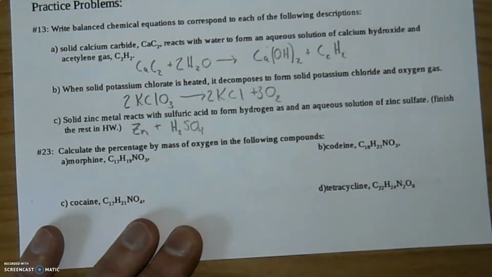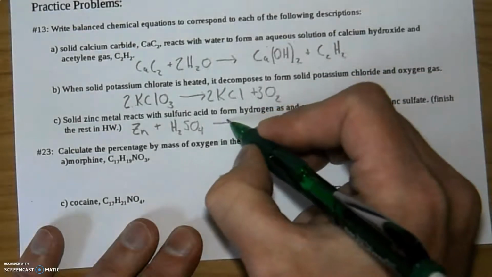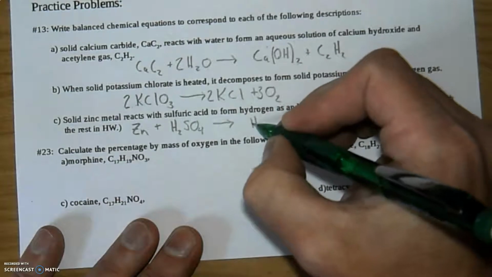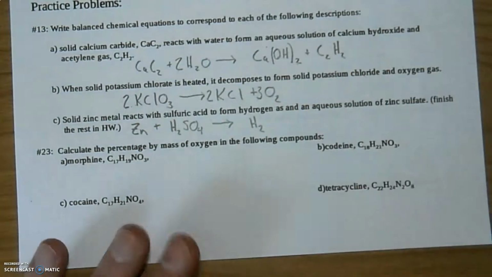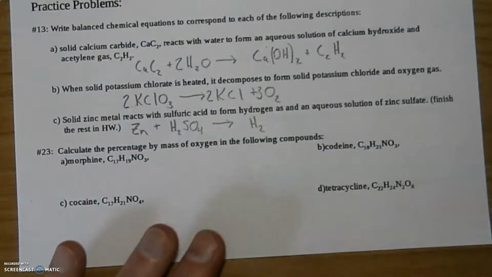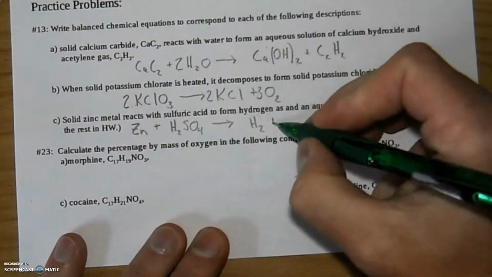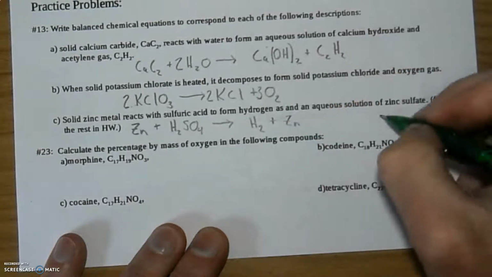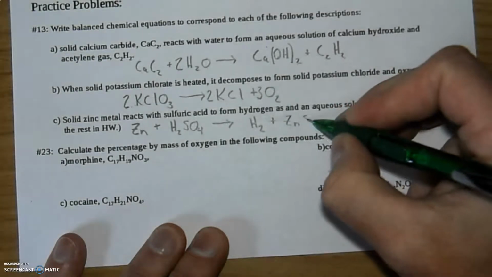Very common industrial acid. And it's going to form hydrogen gas. Okay. That's one of them Hofprinkels. So it's H2 diatomic and an aqueous solution of zinc sulfate. Zinc is always 2 plus, and sulfate is SO4 2 minus.